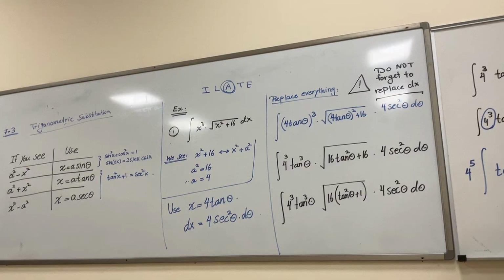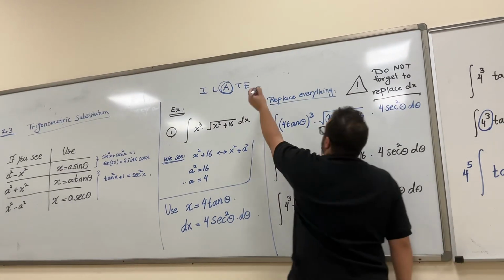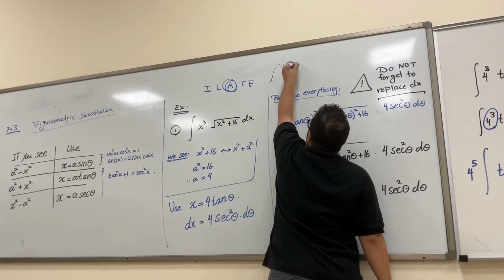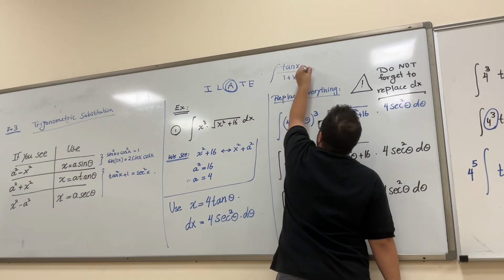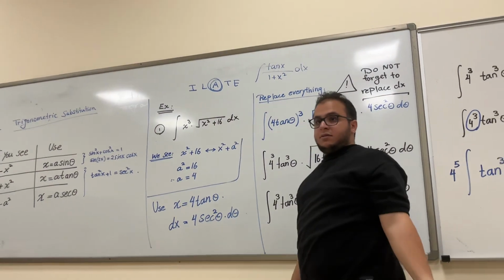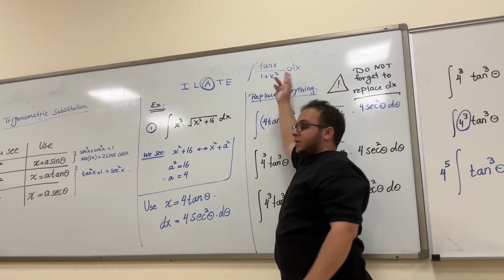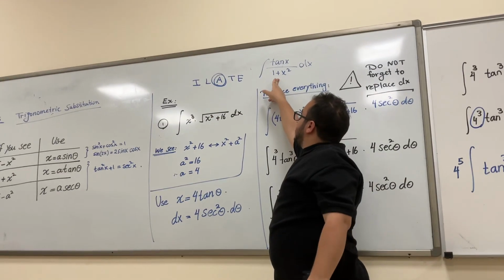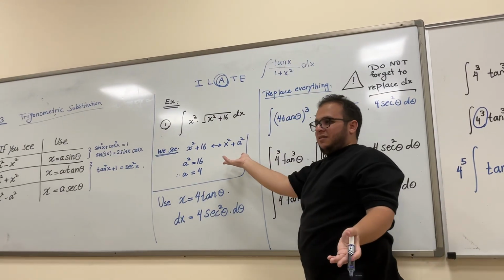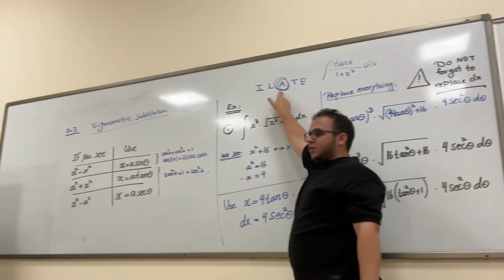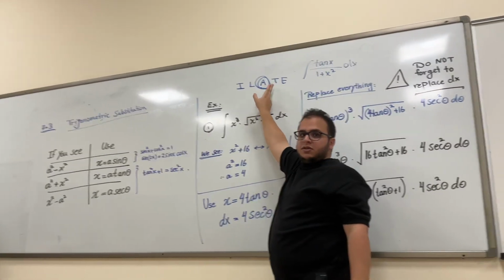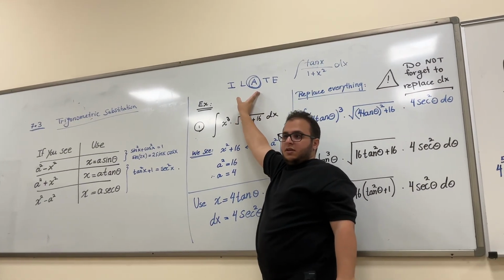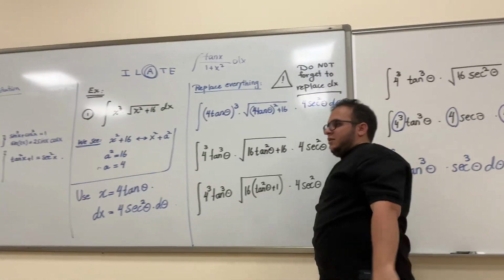So don't tell me I can do trig substitution for something like this. Can I? I see a squared plus x squared, but can I do it? No, because it has a tan. These questions only contain functions in algebraic form. Does that make sense?